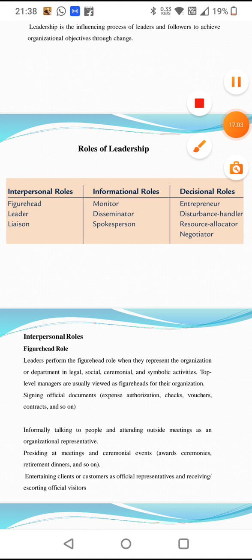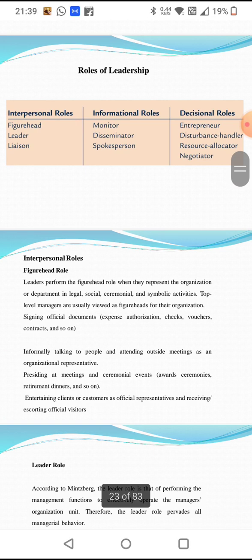First being the interpersonal roles, wherein we'll start with the figurehead role. Leaders perform the figurehead role when they represent the organization or department in legal, social, ceremonial, and symbolic activities. Top level managers are usually viewed as figureheads for their organization, signing official documents, expense authorizations, checks, vouchers, contracts, and so on.